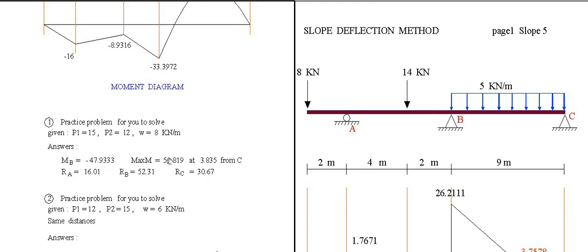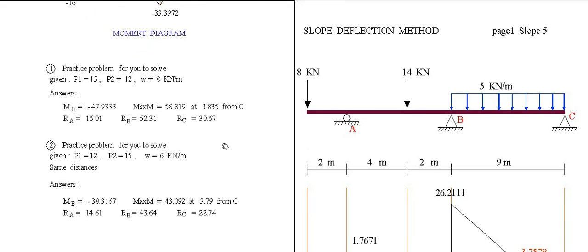Then the maximum moment is 58 positive at a distance of 3.835 from C. RA is 16.01, RB and RC are this.